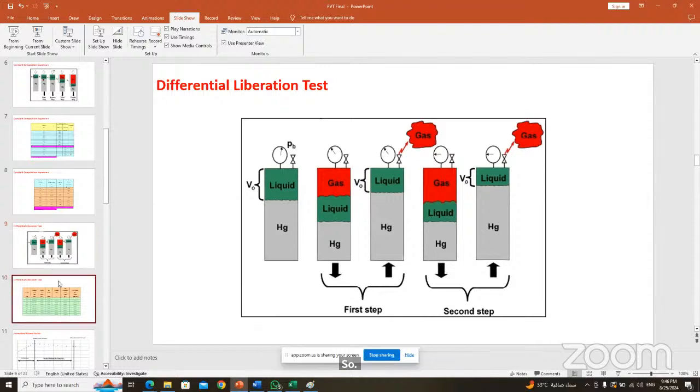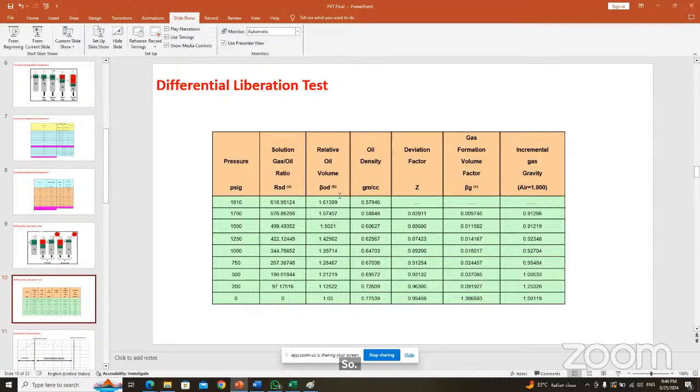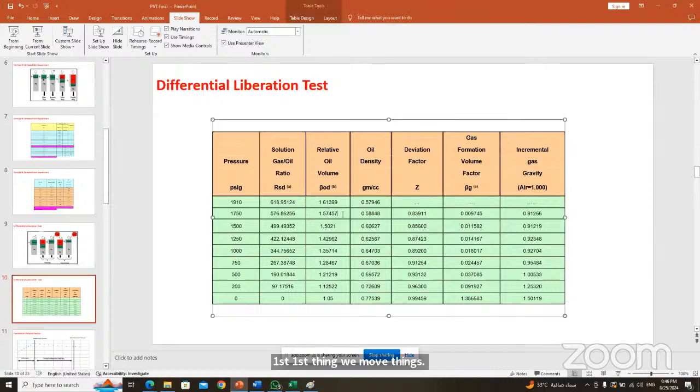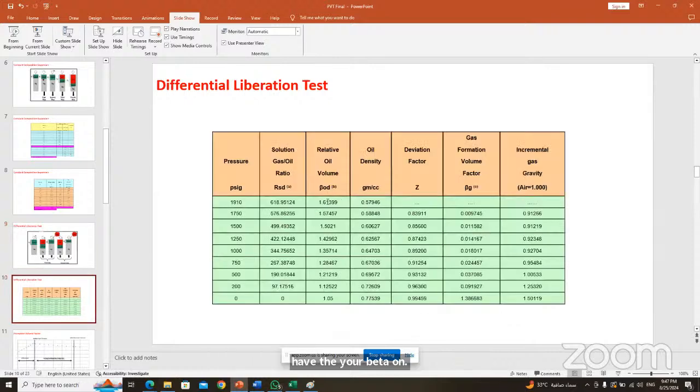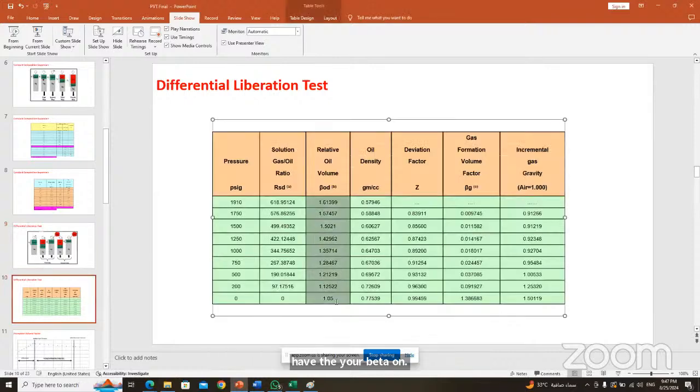First thing, we measure two things. As we measure the oil volume, you can calculate the beta O. This is the oil volume at this condition. You compare it to the oil volume at the standard conditions, then you have your beta O, which represents the beta O curve.